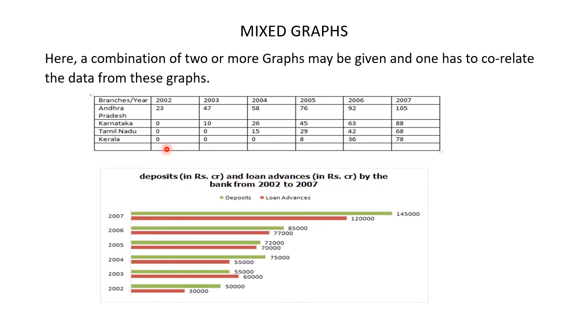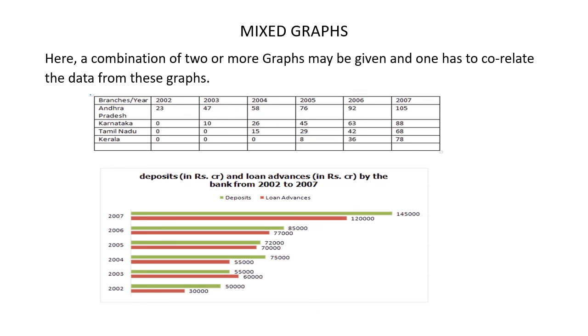In 2003, the total number of branches is 47 plus 10, that is 57. Also, for each year, the number of branches in particular states is also given. That is, in Andhra Pradesh, there were 23 branches in 2002. In 2003, it is 47 and so on.